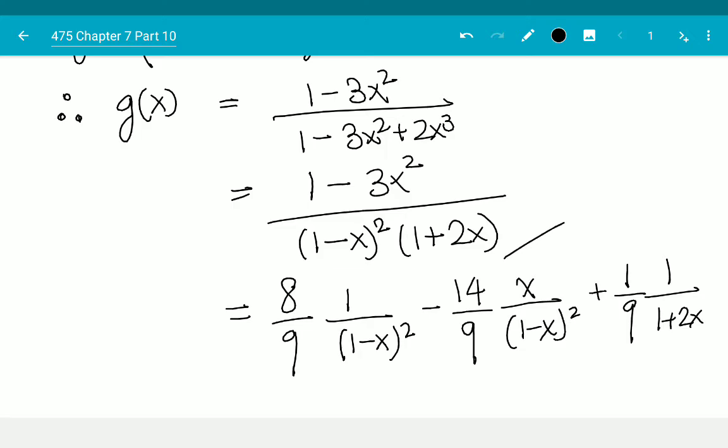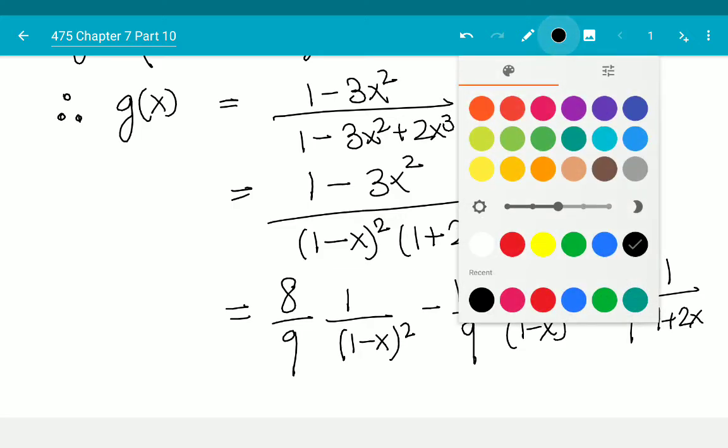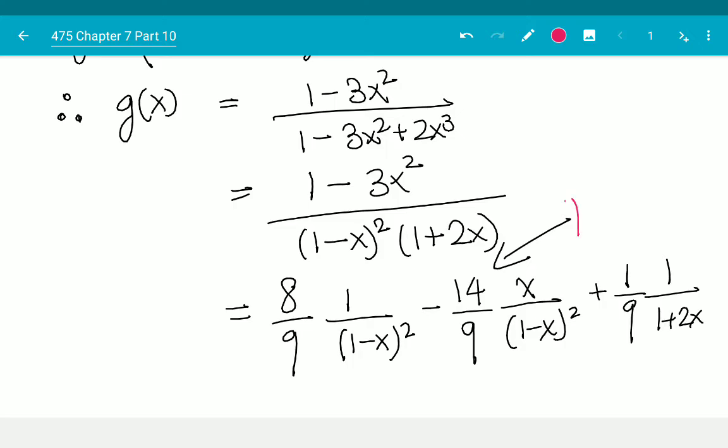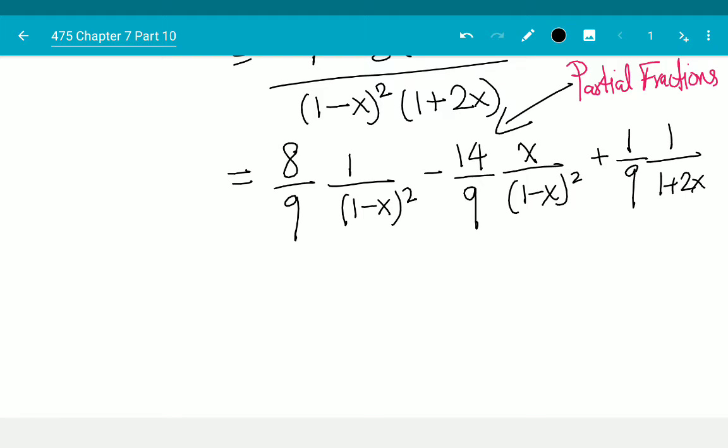This is my partial fraction decomposition.